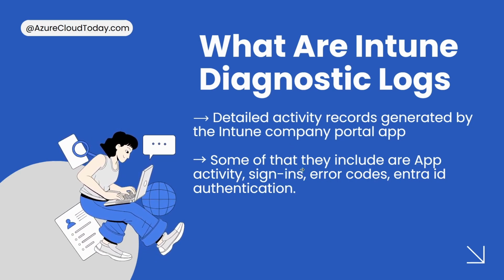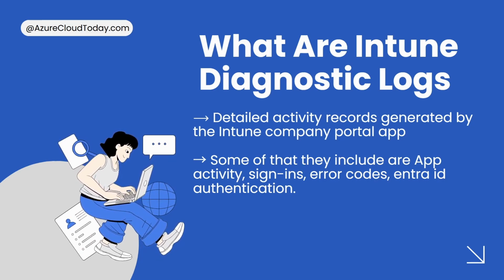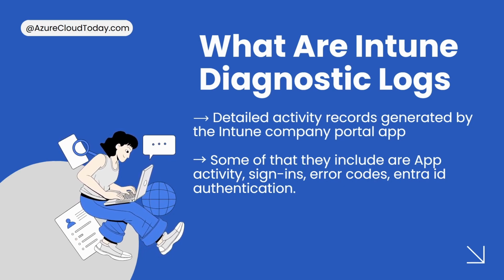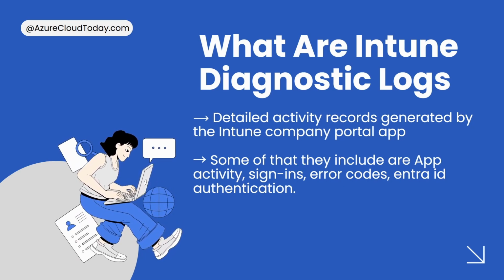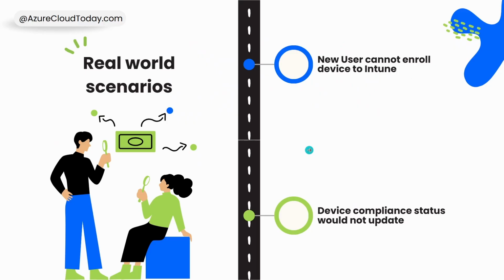Now, these logs sit on your iPhone doing absolutely nothing until you tell the Company Portal app to send them somewhere to be analyzed. And that is the part we are going to learn in this video.